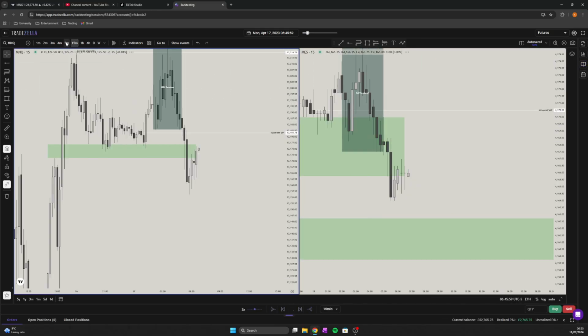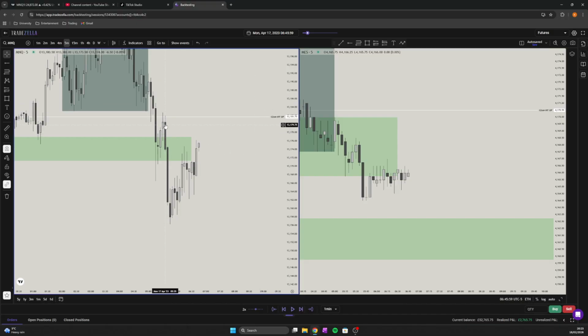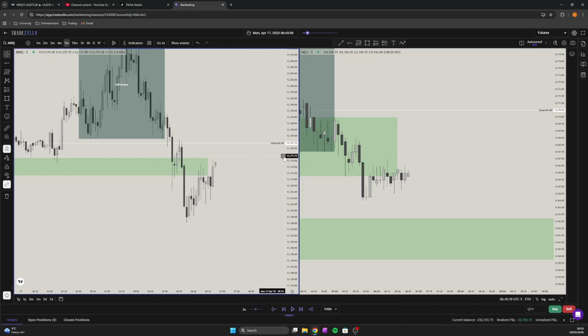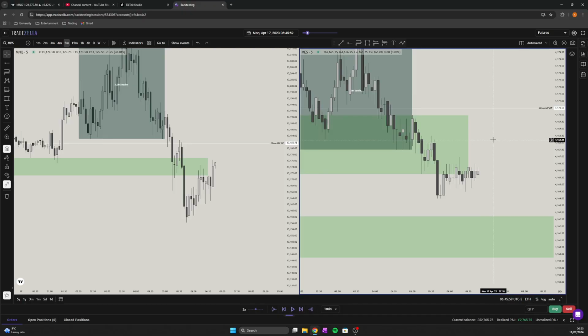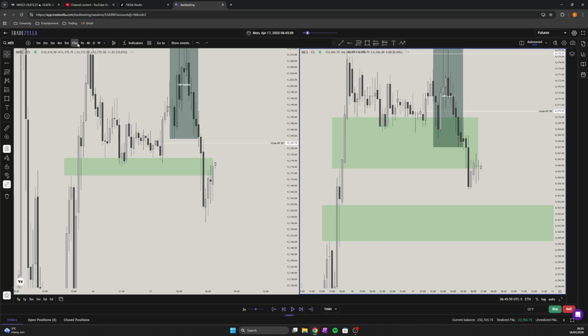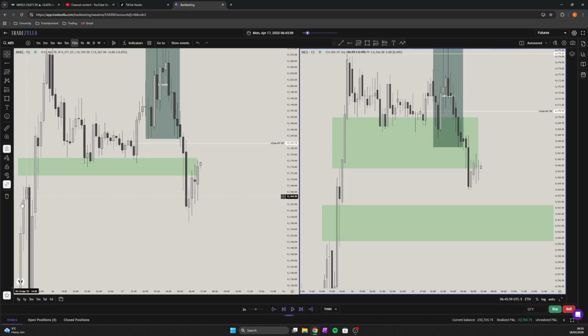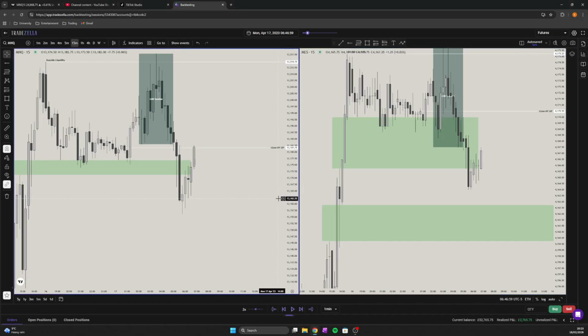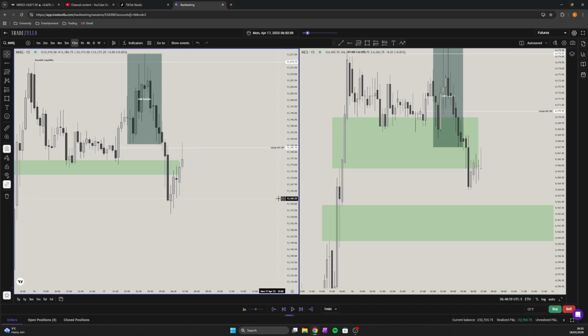Let's go back on the 15 minute. Actually, let's check the 5 minute. We are having respect of bearish price action. Up candles are being respected. Let's see what's going on with price.